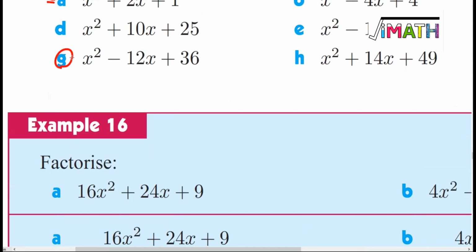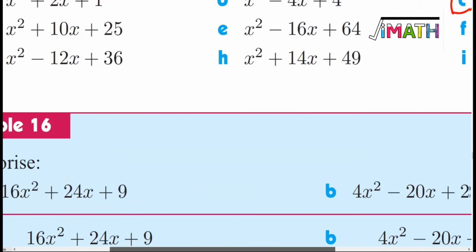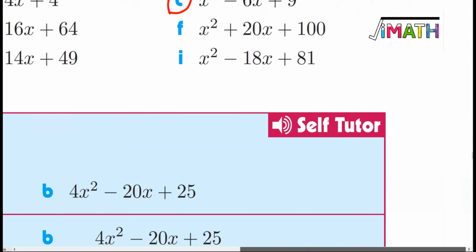The square root of 36 is 6, so it would just be x minus 6 whole squared. You took care of the minus as well. And the last part, I? The square root of 81 is 9, so the bracket would be x minus 9 whole squared. Perfect.